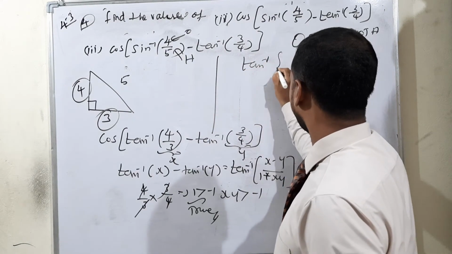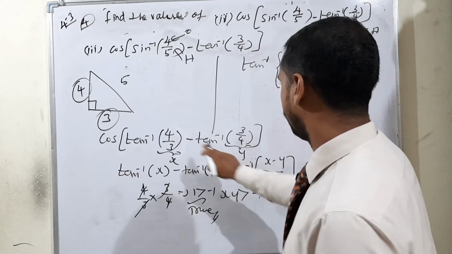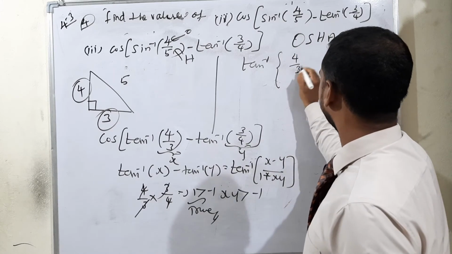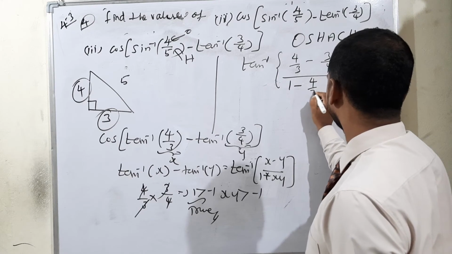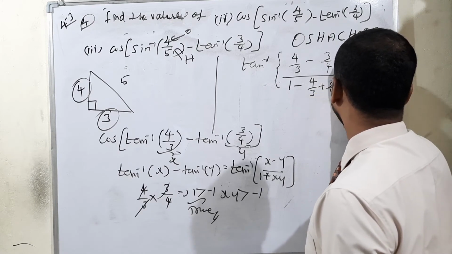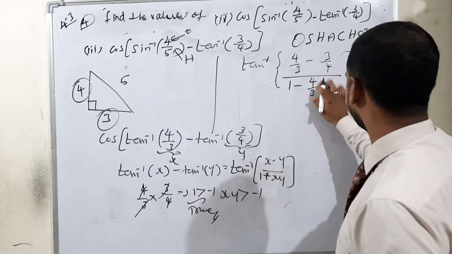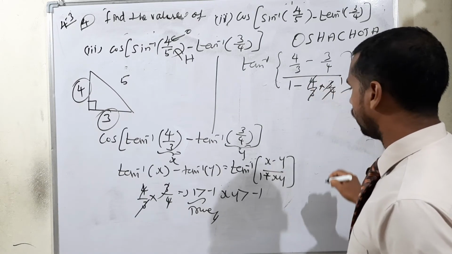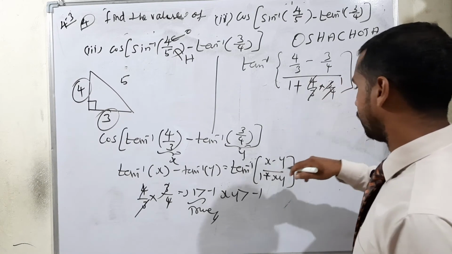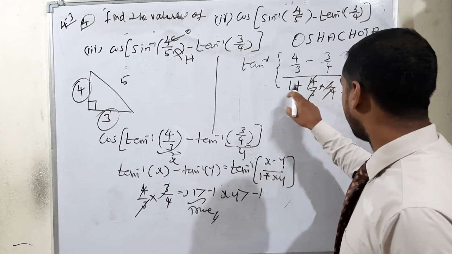Tan inverse of x value 4 by 3 minus 3 by 4, whole term divided by 1 plus 4 by 3 into 3 by 4. By the denominator, this is a product, isn't it? 4 4 cancel, 3 3 cancel, so only 1 will come. This is the plus, because it is x minus y over 1 plus xy.